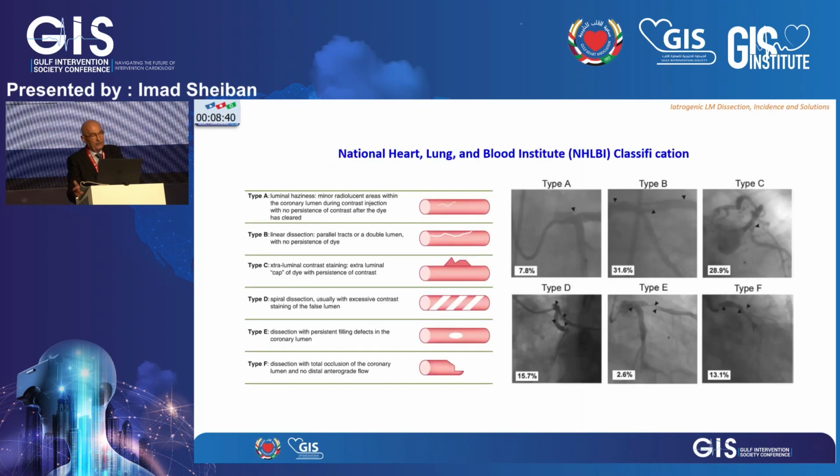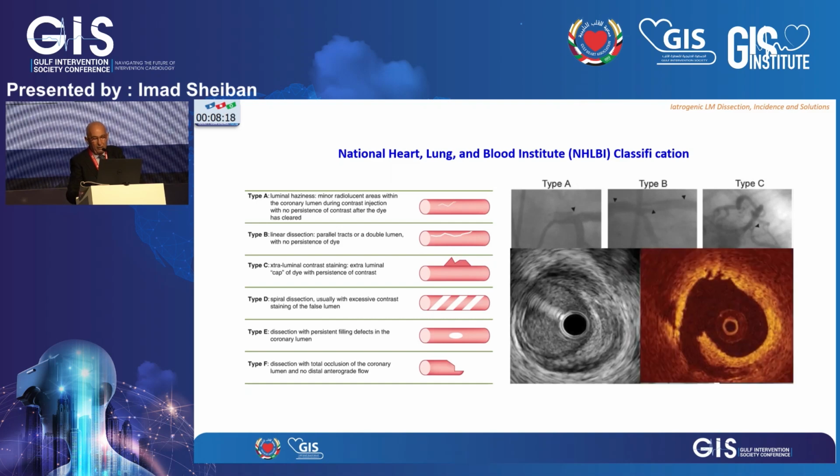The type of dissection, we know that there are several types from A to B, C, D, E, and F, accordingly to the characteristic of dissection extension. And the most frequently encountered are type B and type C, as have been reported in many other studies.